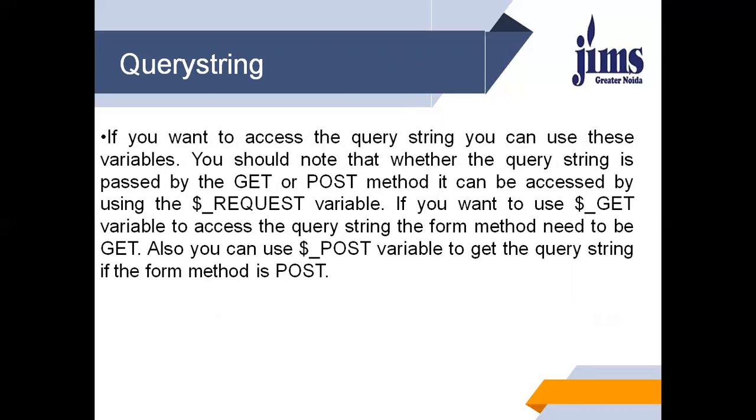Whether the query string is passed by GET or POST method, it can be accessed using the $_REQUEST variable. If you want to use the $_GET variable to access the query string, the form method needs to be get. Also, you can use the $_POST variable to get the query string if the form method is post.